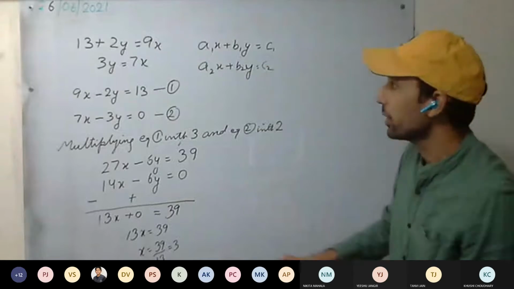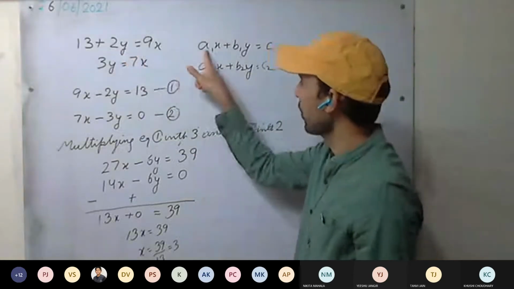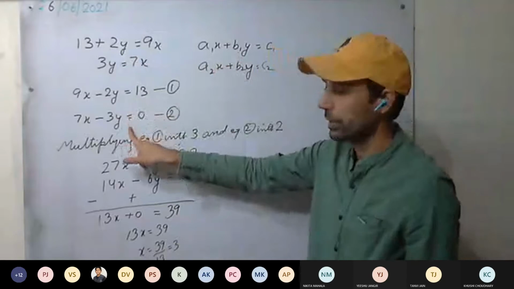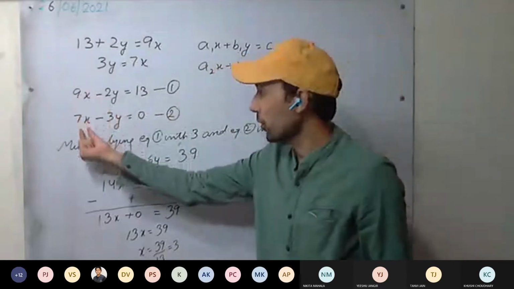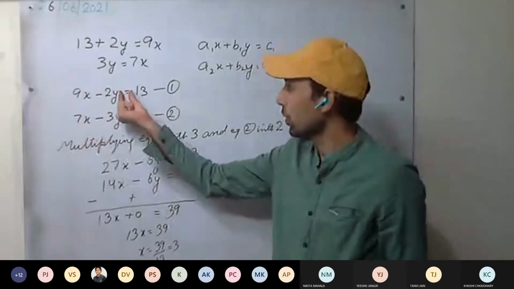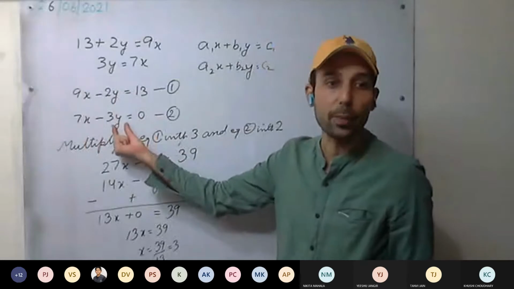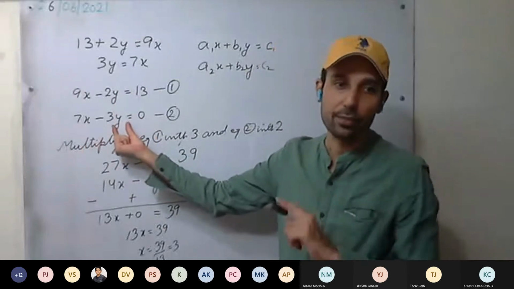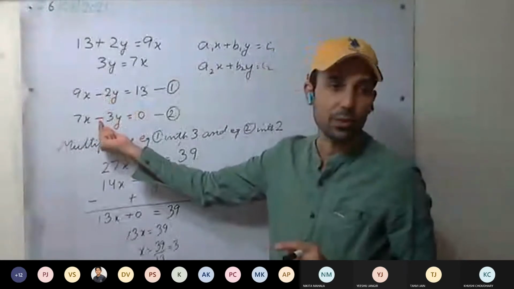So what we are doing, we have written the equations in this form. Now either the coefficient of x we make the same, or the y coefficient we make numerically equal. Numerically equal only we are making; the plus or minus sign we won't consider.